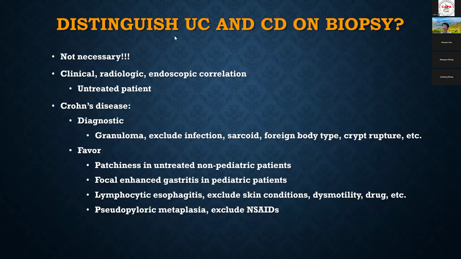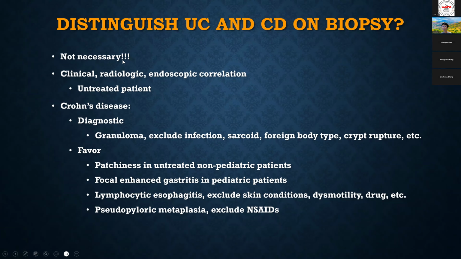Do we need to distinguish UC versus Crohn's on biopsy? It depends on where you practice. If you practice in New York, we don't need to do that, right? We educate our clinicians that Crohn's and UC can be very similar on biopsy and we can't really tell, and the clinician usually will accept that.